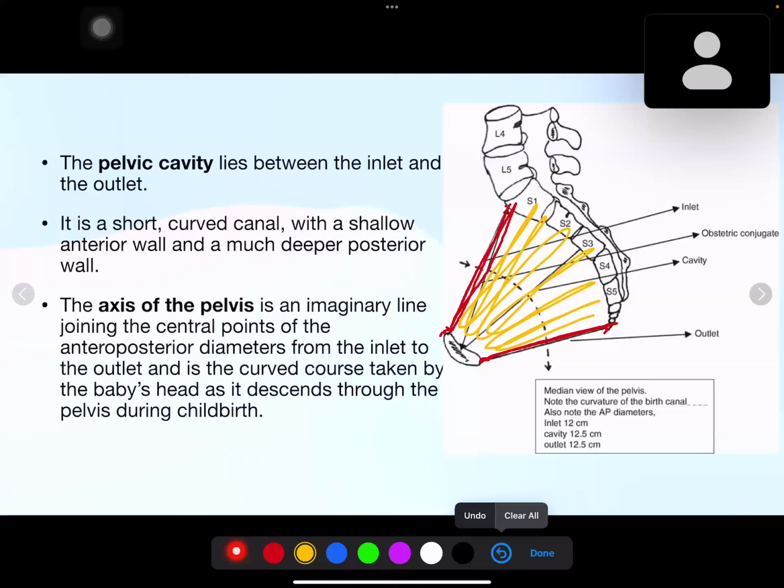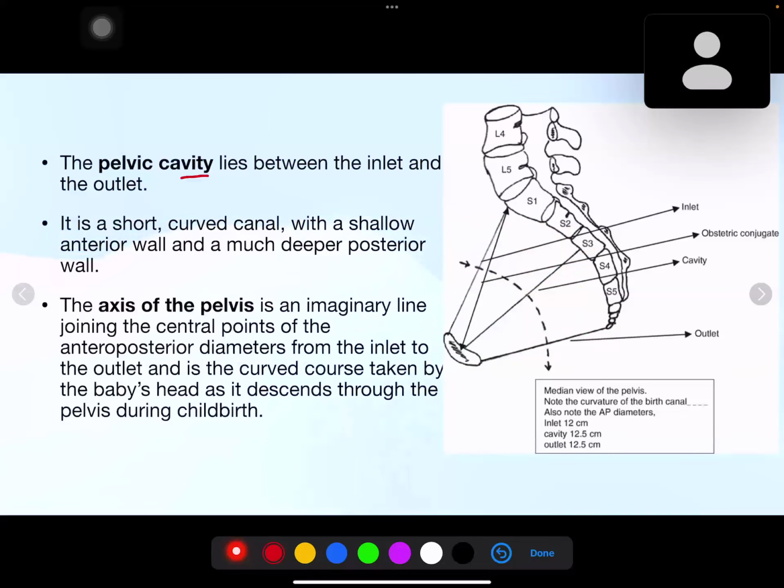So this is the pelvic cavity. The pelvic cavity lies between the inlet and outlet, and it is a short curved canal. How? The anterior wall is very small, shallow, and the posterior wall is deep. So it is a curved canal.